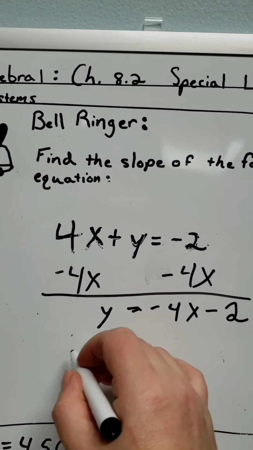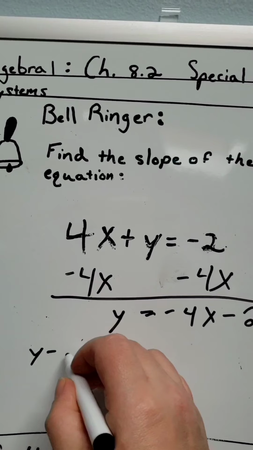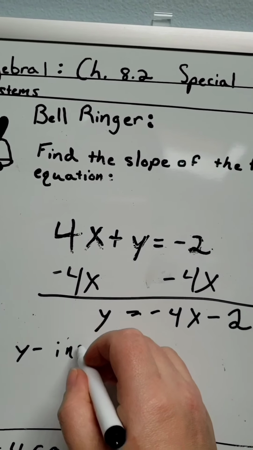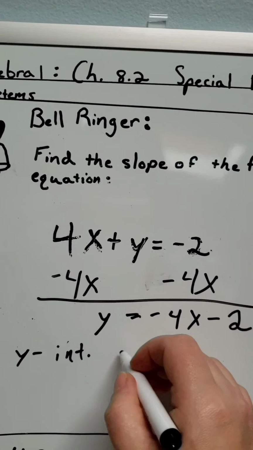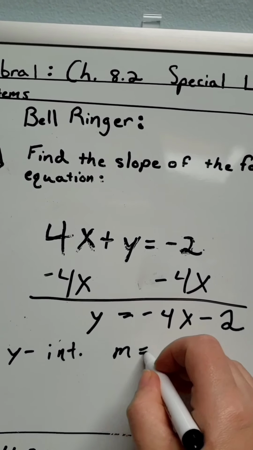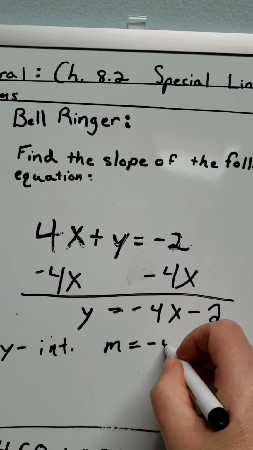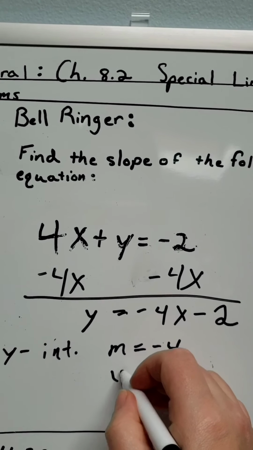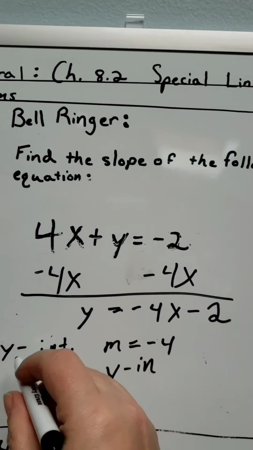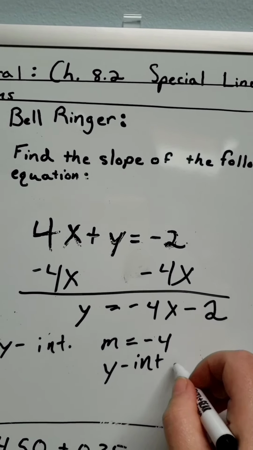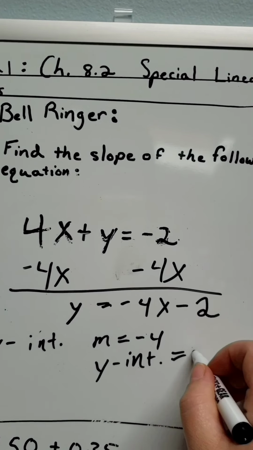So, if we follow our y-intercept form of the equation, we see that our m, or slope, is negative 4, and our y-intercept is negative 2.